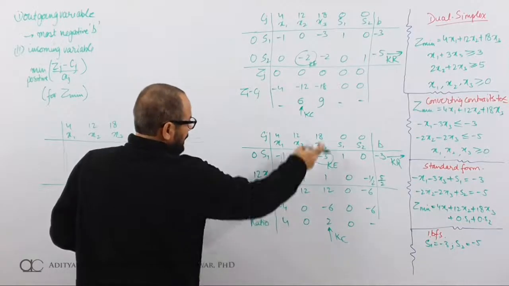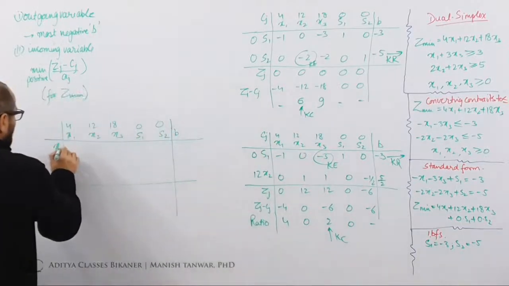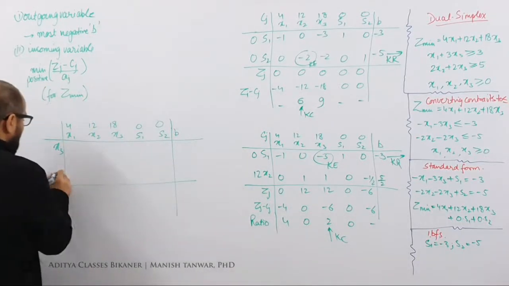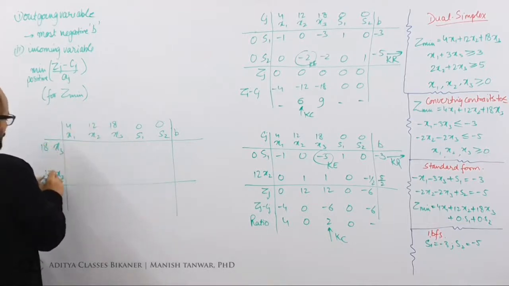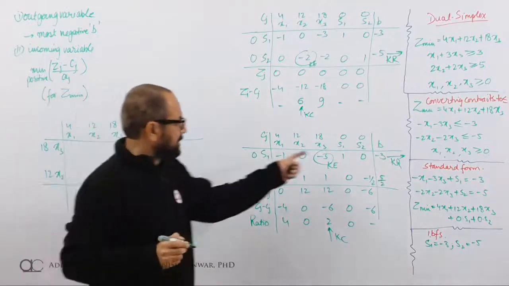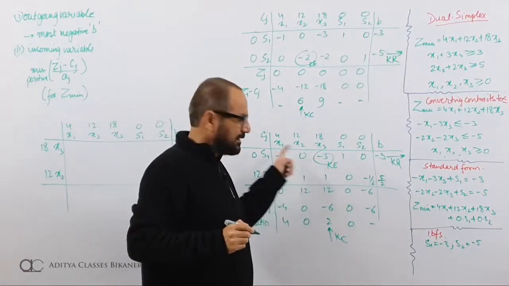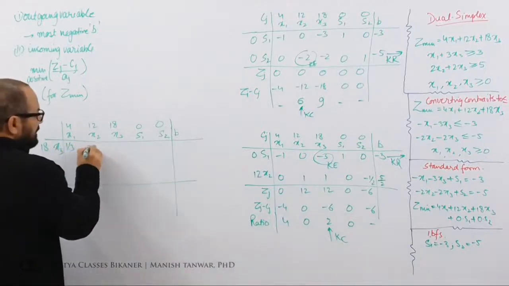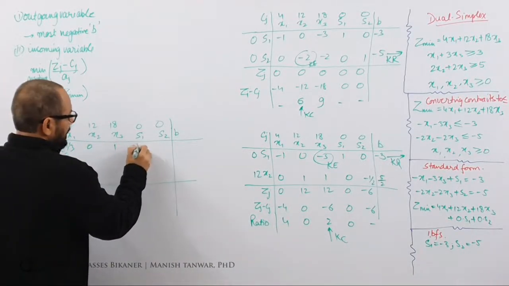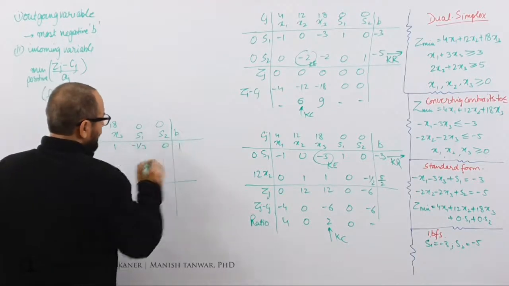S1 is outgoing variable, x3 is incoming. So I have x3, x2 is still intact, x3 giving me a contribution of 18, 12. This is key row, so I need to divide it by -3, divide all elements by -3, thereby getting 1 by 3, 0, 1, -1 by 3, 0 and 1.